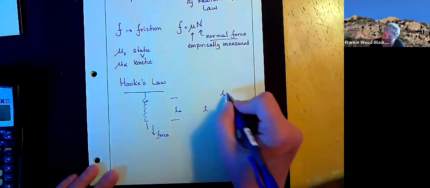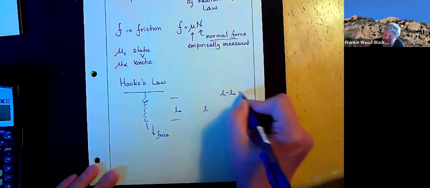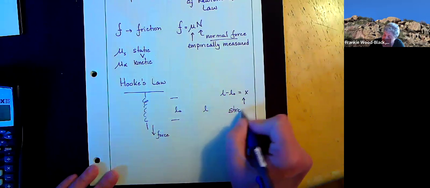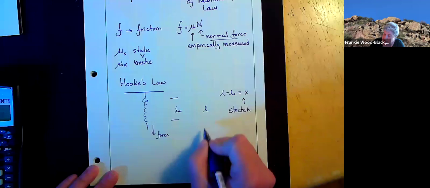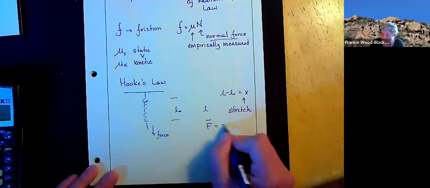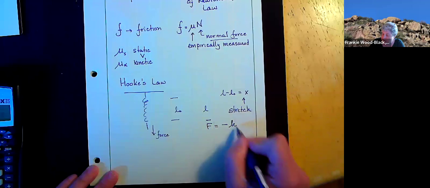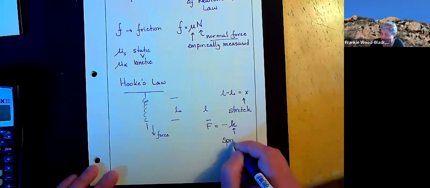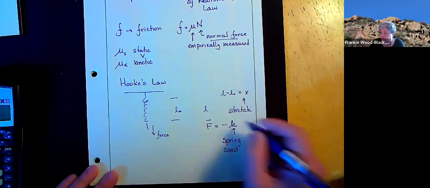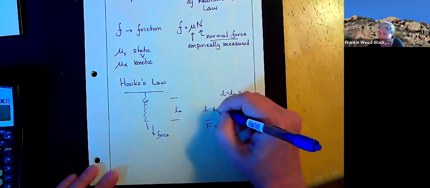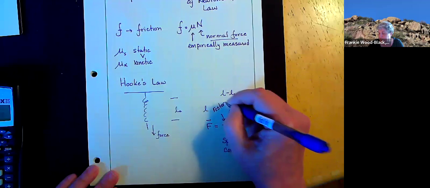This change in length is going to equal the stretch. And the force that's being applied, we're going to give it a proportionality constant that we call the spring constant, times my stretch. And it's negative because this is a restoring force.